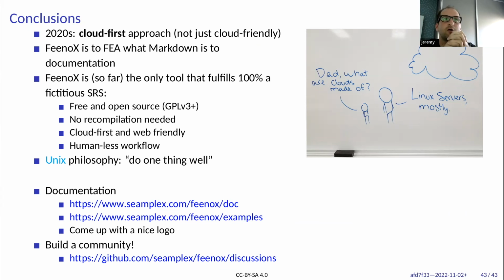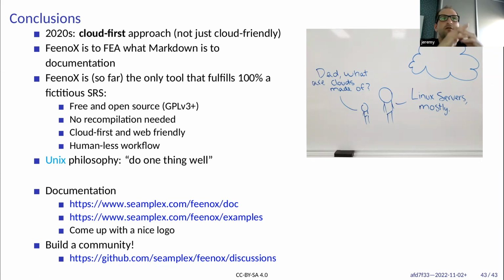Well, now that we've gone through a lot of examples, maybe I can make clearer my point that FeenoX is to finite-element analysis what Markdown is to documentation. So far, it's the only tool that fulfills all of these fictitious requirements, which are, I know, very reasonable requirements.